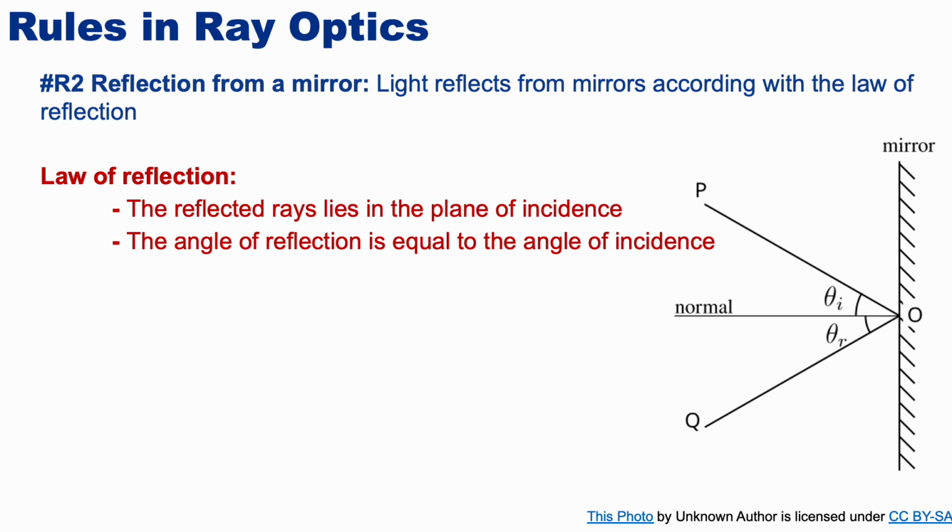The next rule is about what happens when a ray emitted from a point P meets a mirror.